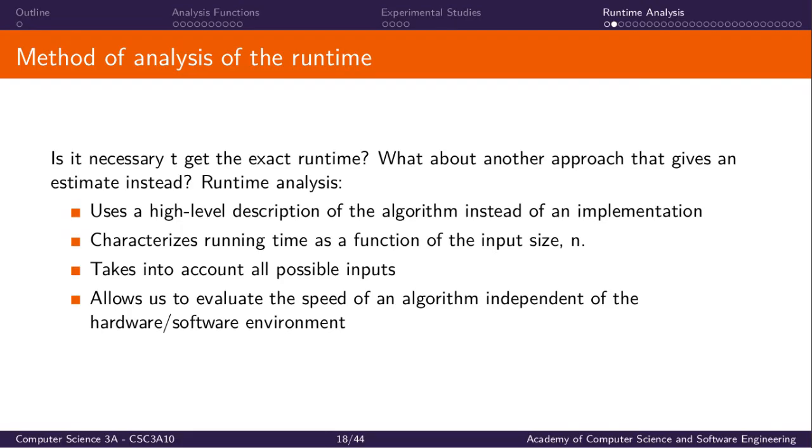We don't have to try and do as many examples as we can, knowing that we're always going to leave some out. Instead, now we can express it as a function of that n. And as we said was our objective, we now can evaluate its speed independently from that hardware and software environment. And so this is a lot more useful to us. Now we can compare any methods regardless of where they'll actually be executed, and we can get some notion of what their runtime would be.